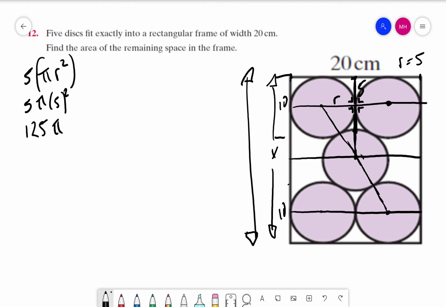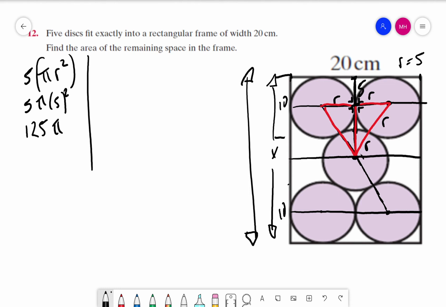So I have this triangle forming here. Or I could focus on this one here. I have these triangles forming that are going to allow me to find this distance here that I've been missing using Pythagoras.